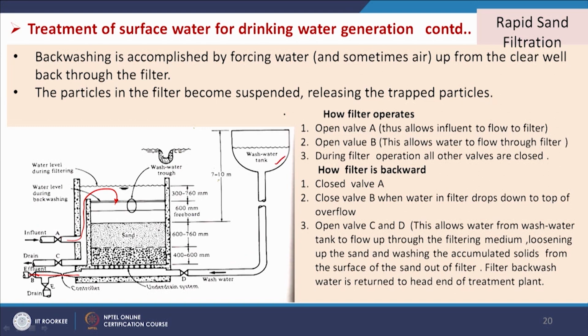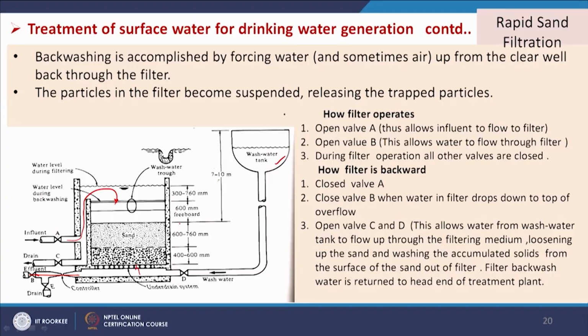We will close this valve and this valve will open. Water will go in the opposite direction, and again it will come here and go out to this, that is the drain. So, this is the way the filter unit is designed so that backwashing can be done at certain intervals.